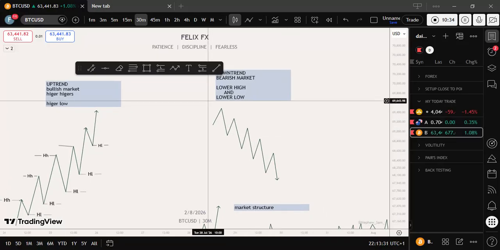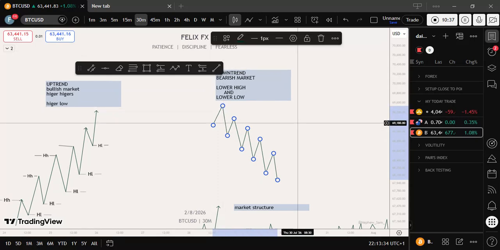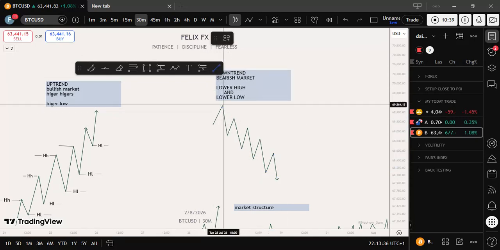This is how to identify them. This zone here is the lower high.